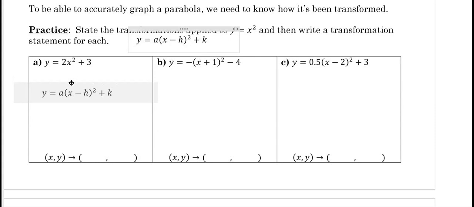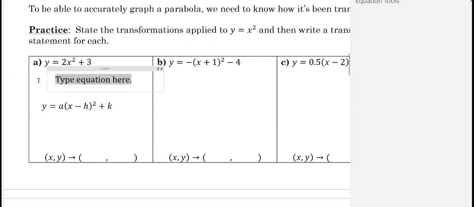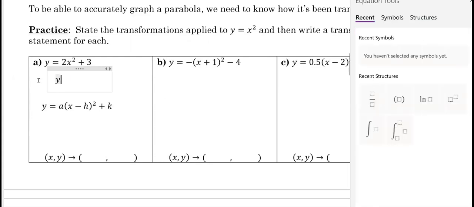So in comparison here, the a value is in front of a bracket. You don't have a bracket, but the interesting thing here is you can always type in a matching equation if you'd like: y equals 2 bracket. So we're keeping the 2 there.